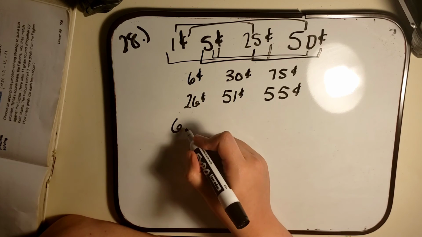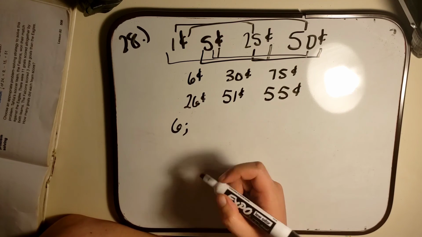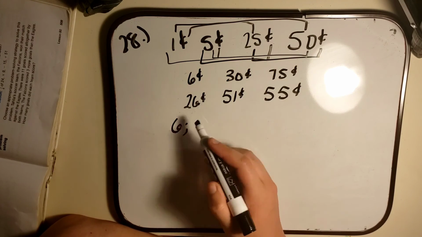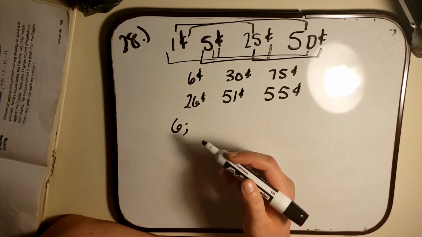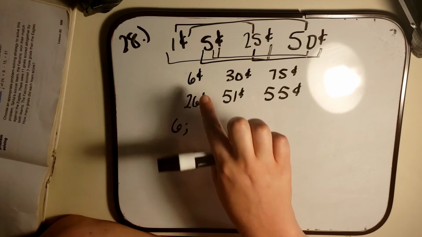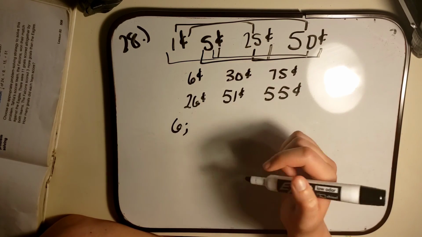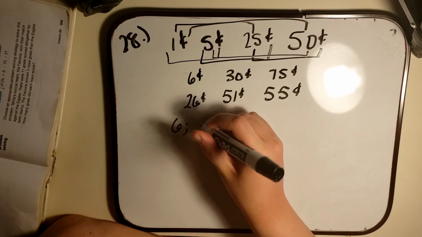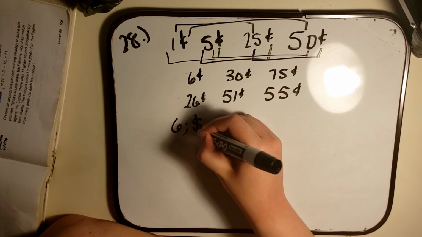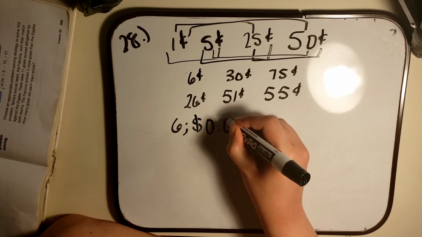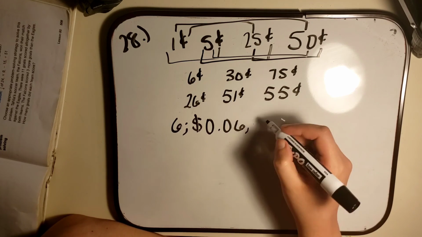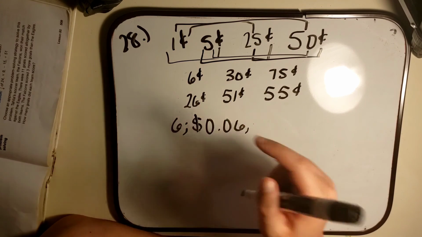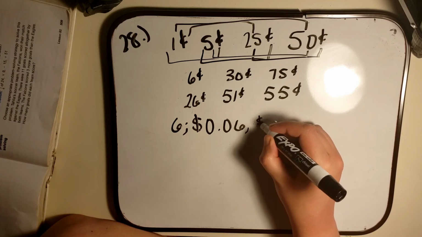So we can make 6 different amounts. And now I'm going to do a semicolon, which is how you're going to type it out. And then I'm going to write it smallest to biggest. And because we don't have the cent symbol on our laptops, we're just going to write it in dollar form. Then we're going to do a comma. The next smallest one is 26 cents.